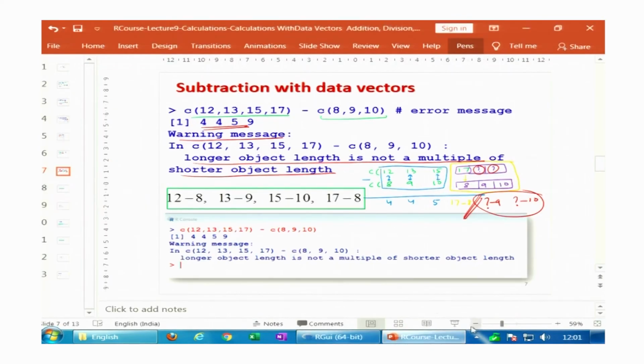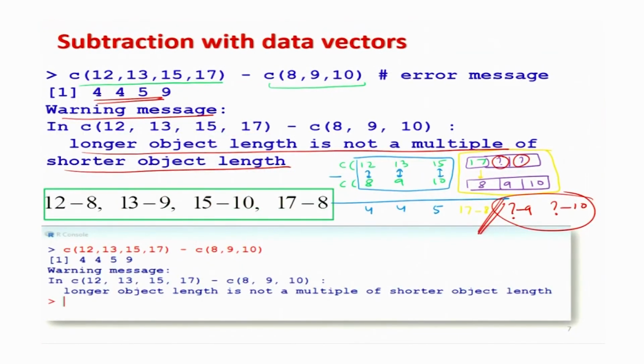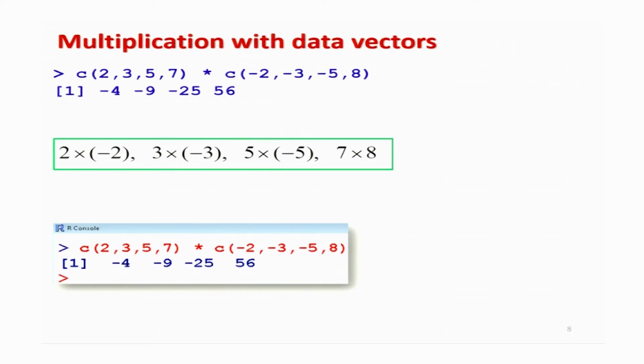Okay. So, now I am sure that you must have understood how R works, and now it will be easier and faster for us to understand the division and multiplication also. So, now I try to take the example of multiplication, which is quite quick. I take a similar example, two data vectors of the same length.